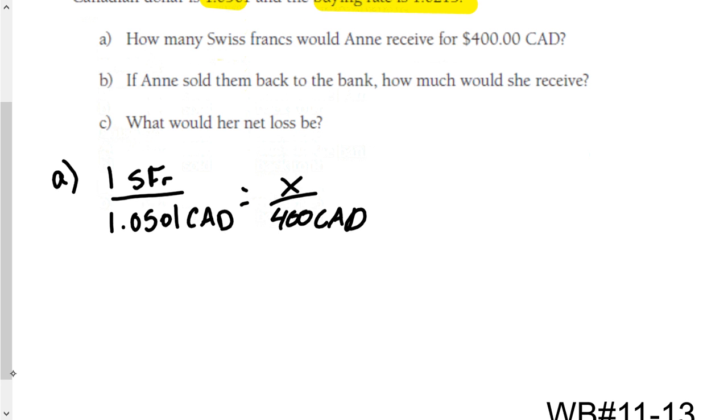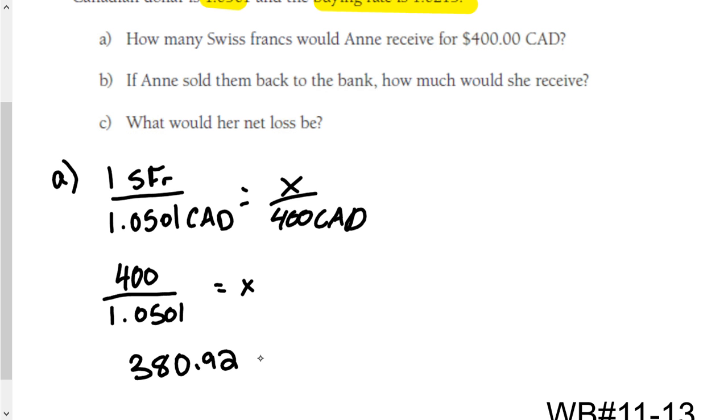So when this multiplies out, it is just 400 over 1.0501, francs, is equal to X. So that leaves us with 380.92 Swiss francs equaling X.